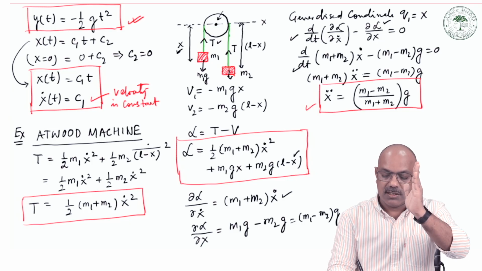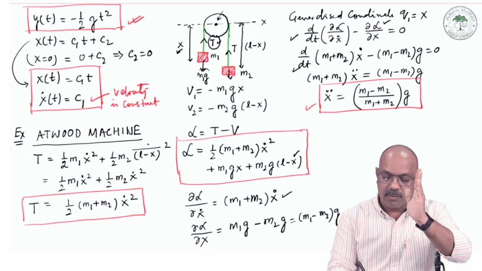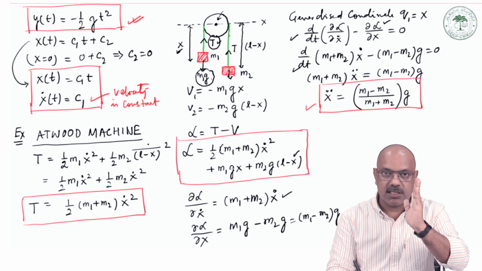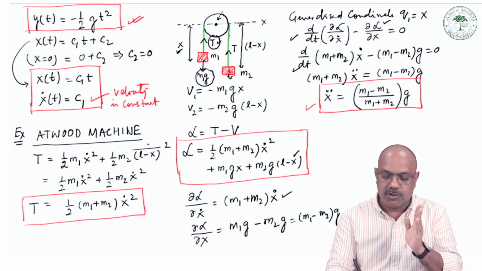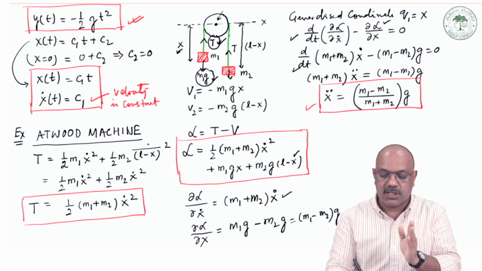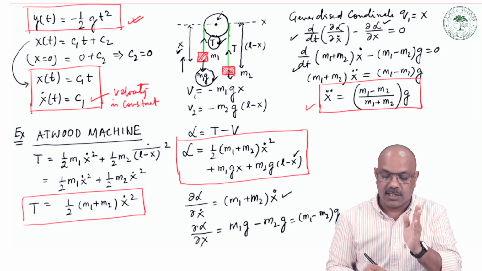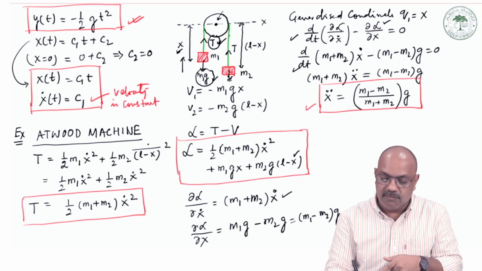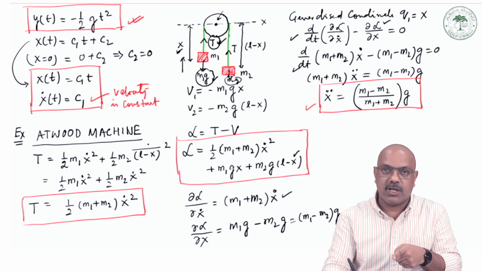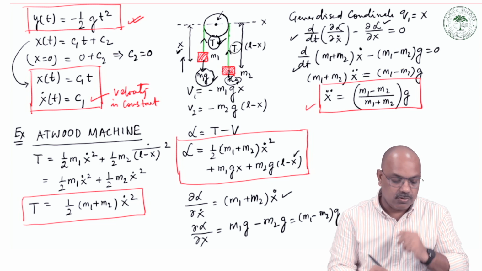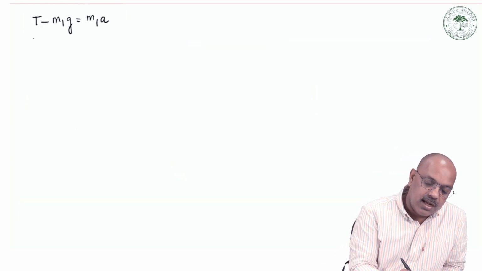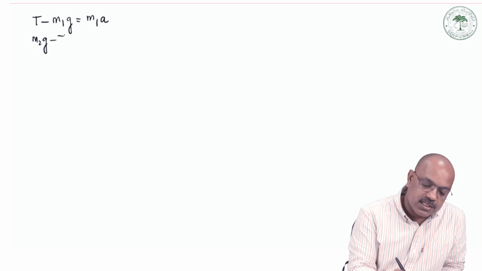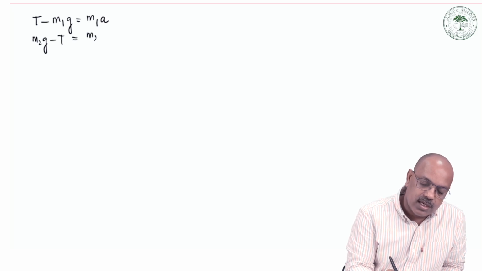The tension force is more than m1g, so this force minus this force gives the upward acceleration. Similarly, if m2 is going down, m2g is more than the tension force. So I can write m2g minus T equals m2a.